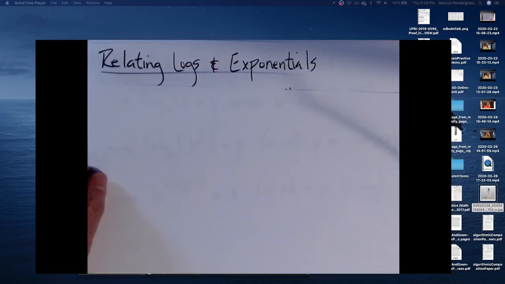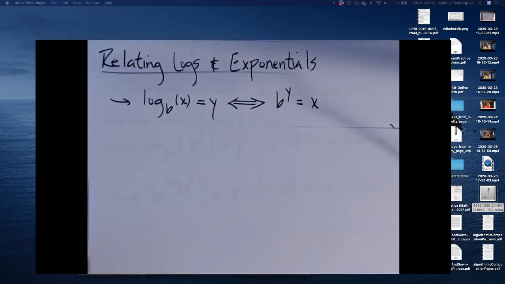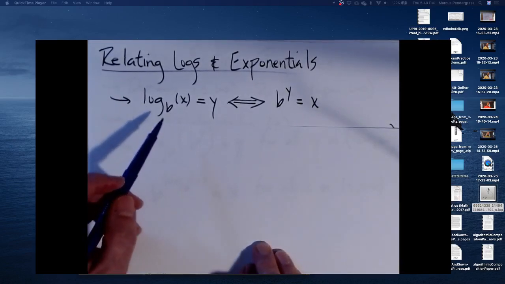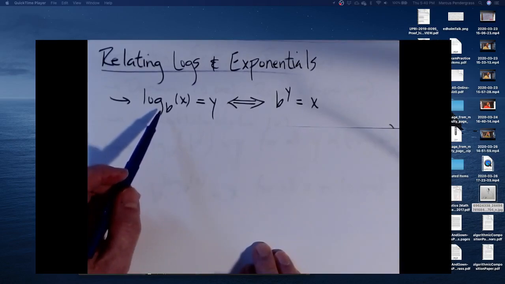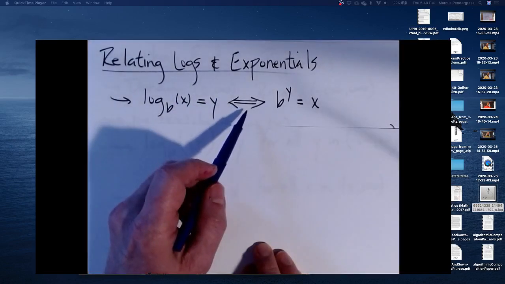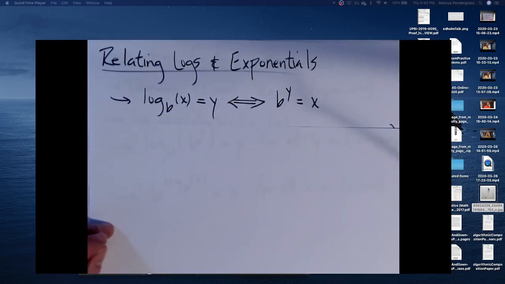So it shouldn't be surprising that since logs and exponentials are so related, there's several ways to express that relationship. This is just the definition that we had on the previous slide for the logarithmic function base b. Log base b of x equals y means the same as b to the y equaling x.